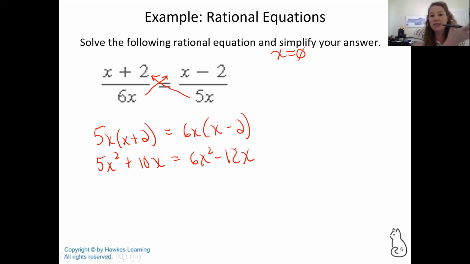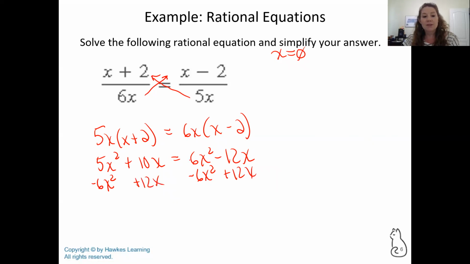I'm going to move everything to one side. So I'm going to cancel out negative 6x squared, and the opposite of minus 12x is plus 12x. So all of this goes away. So I have negative 1x squared plus 22x equals 0.